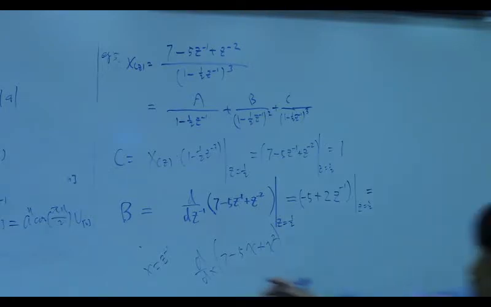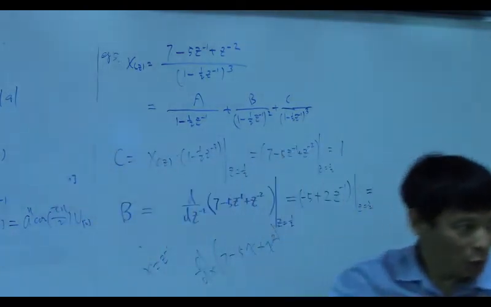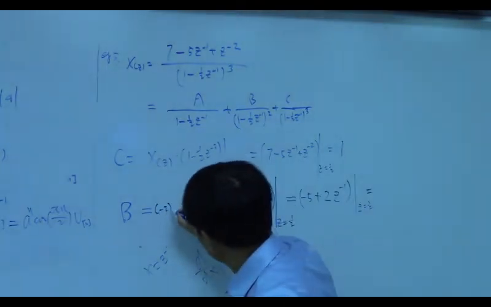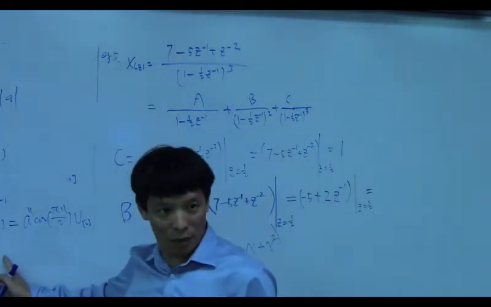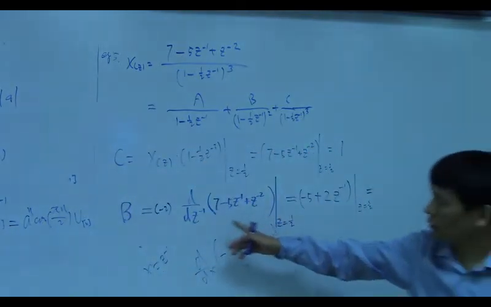If you recall the formula here, there is some coefficient before that. There is a negative 2 here on the front. Remember, all this C_m here has some coefficient on the front. So that one is negative 2.